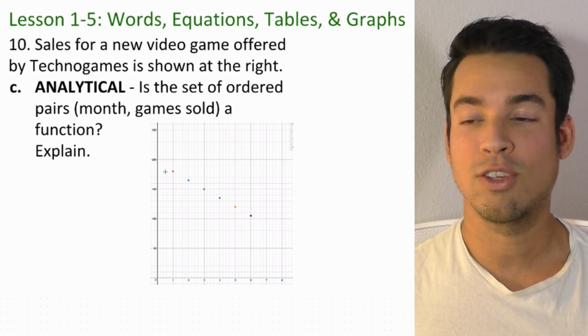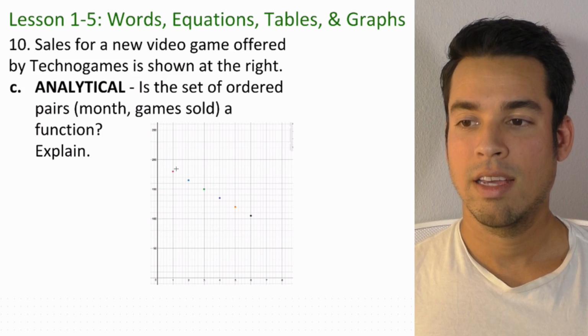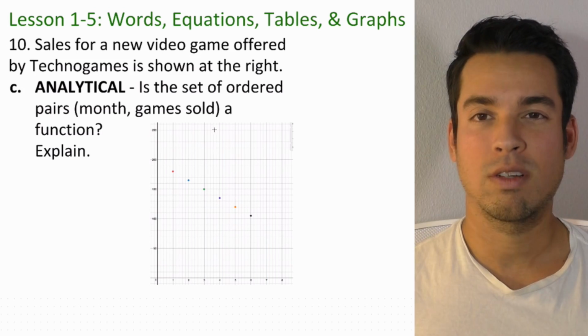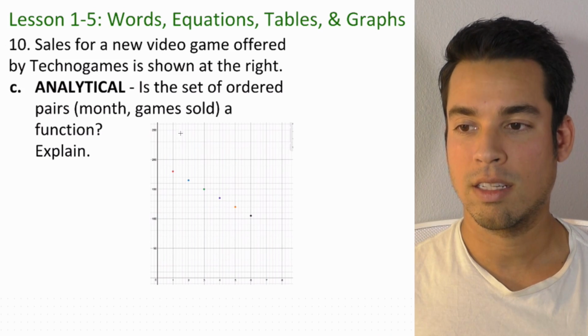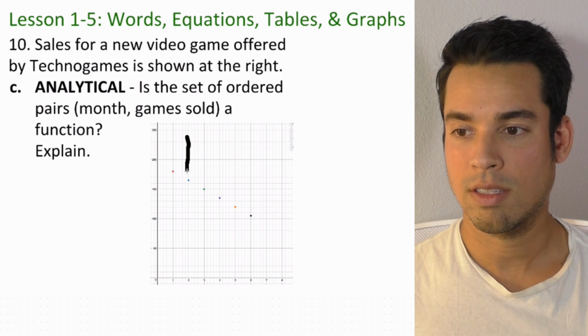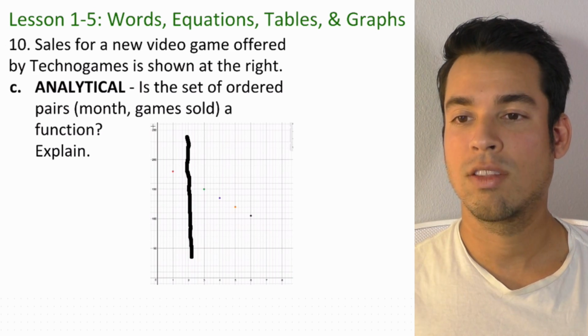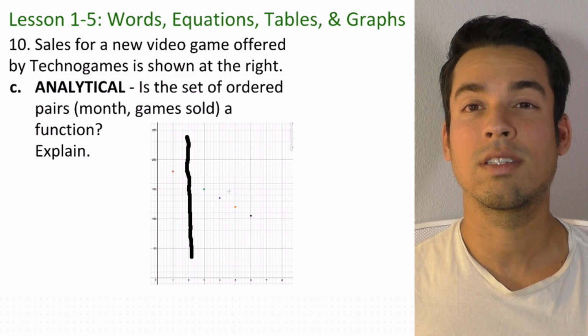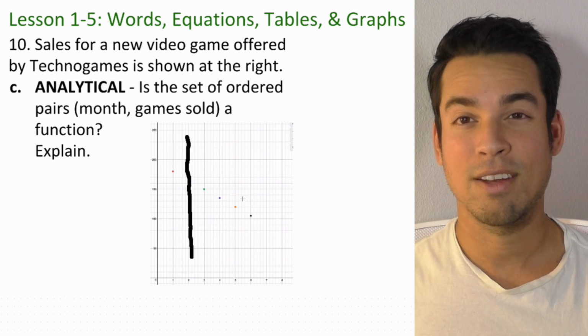You can't have x values repeating. The reason why we call it a vertical line test is if you ever draw a line, let's say through one of the points, going all the way down, and with that line you hit 2 points on the function, it's not a function.